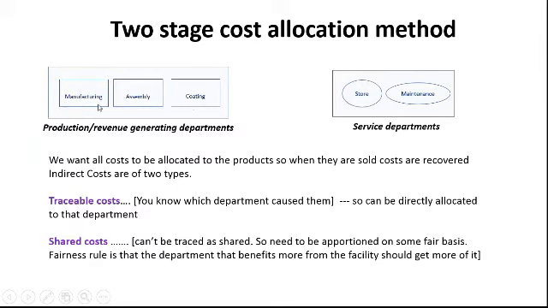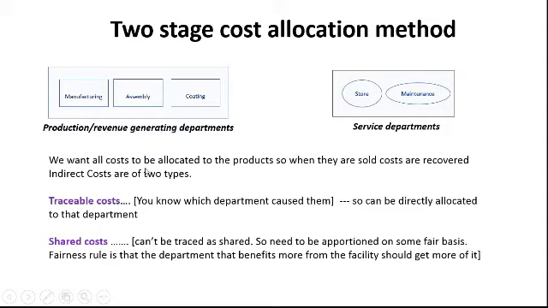All these 3 are production, revenue generating departments, while there are other 2 departments like store and maintenance, which are essentially service departments helping these 3 produce the product. So they are lending their support.